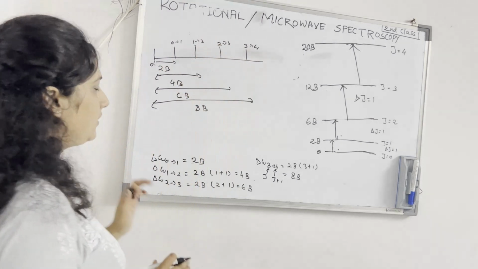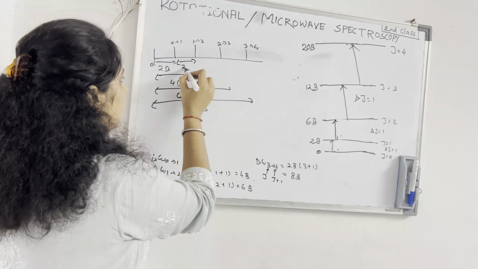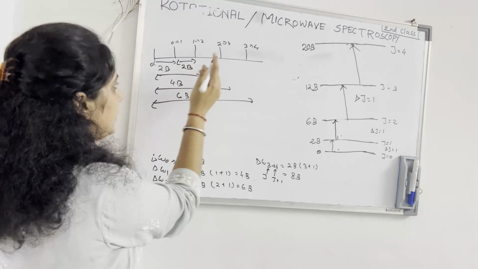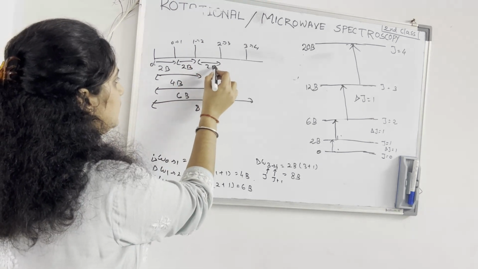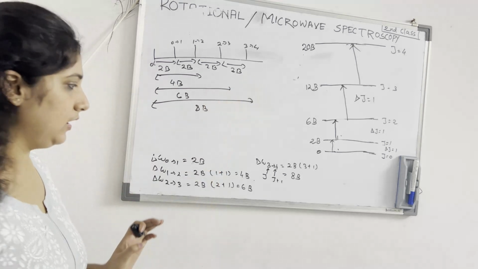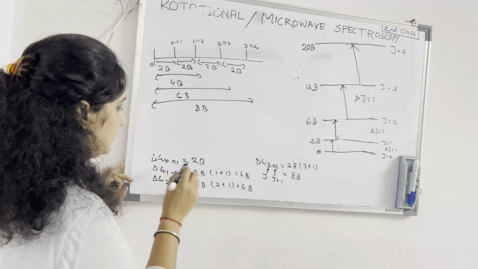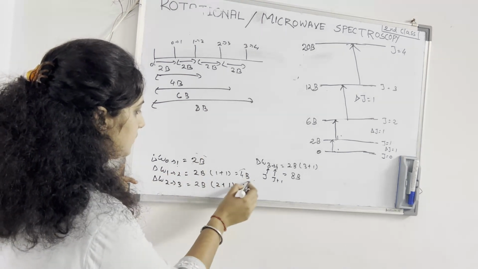Interestingly, the gap between all lines is 2B. If we consider the J is equal to 0 to 1 transition, the gap is 2B, and now it is 4B.